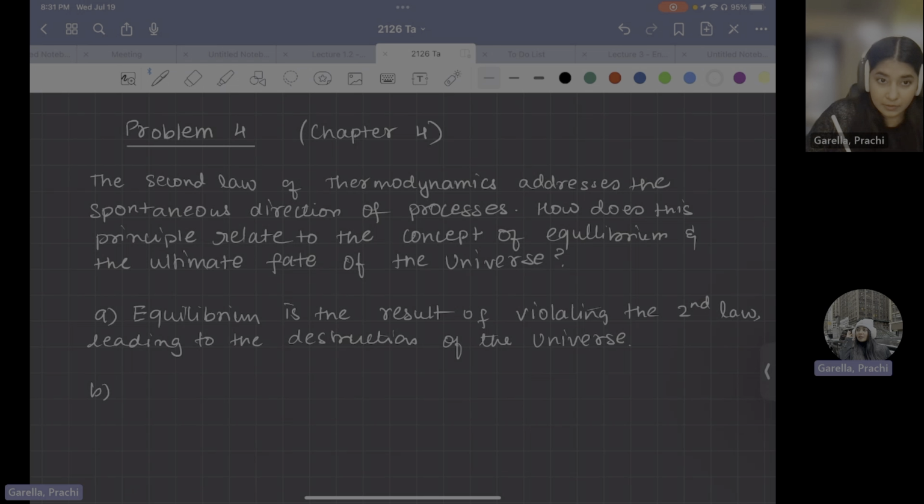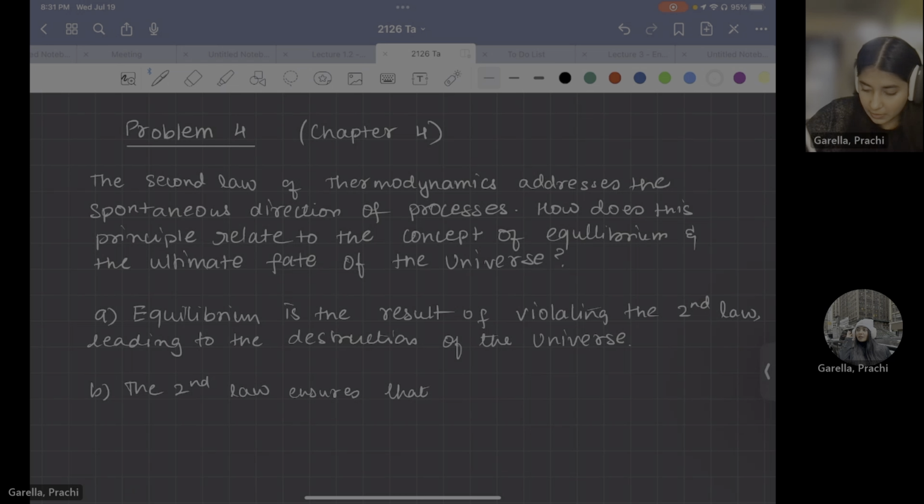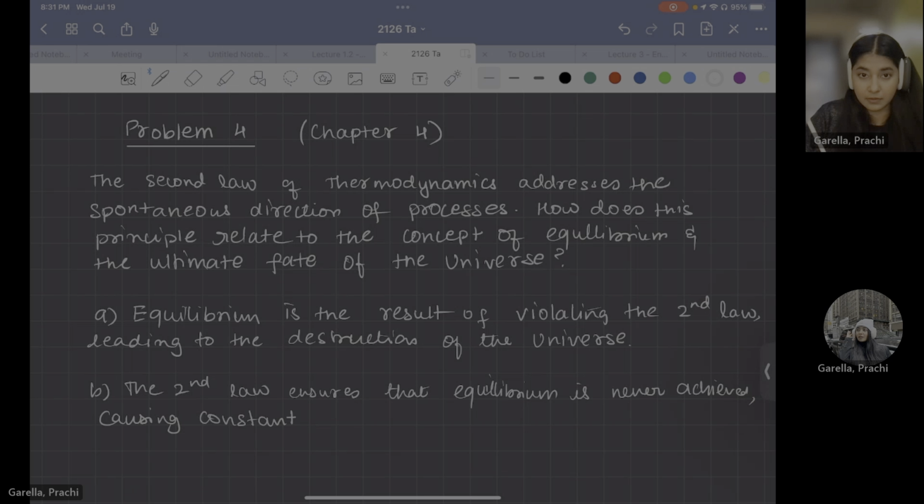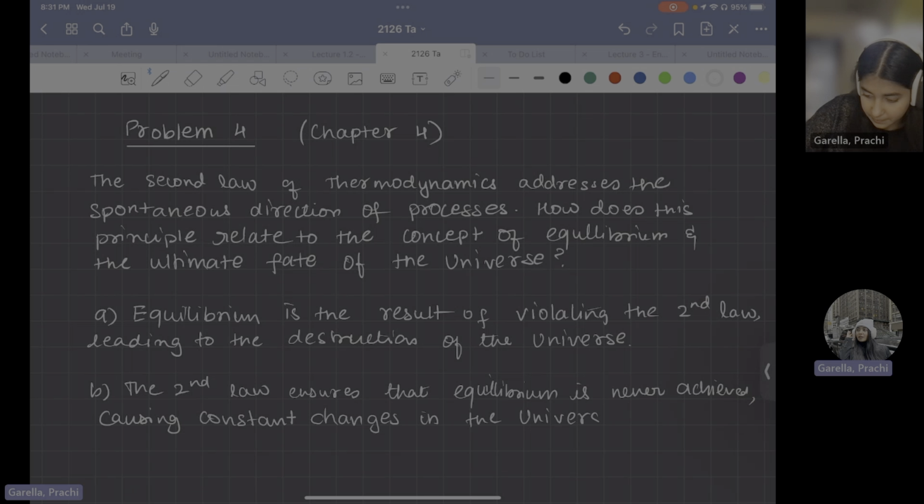The second part says the second law ensures that equilibrium is never achieved, causing constant changes in the universe.